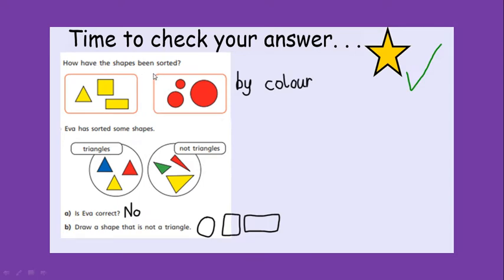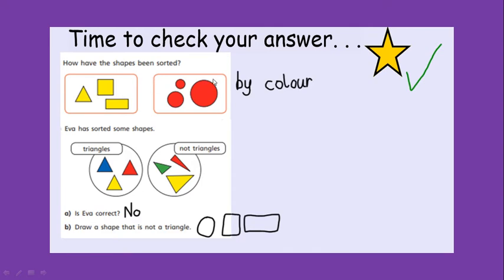Okay, so how have these shapes been sorted? Well, if you look, we've got a yellow square, a yellow rectangle, and a yellow triangle. And then we've got a red big circle, a red medium-sized circle, and a red small circle. So that's telling me that they're definitely not sorted by shape or size, because there's lots of different sizes and lots of different shapes.